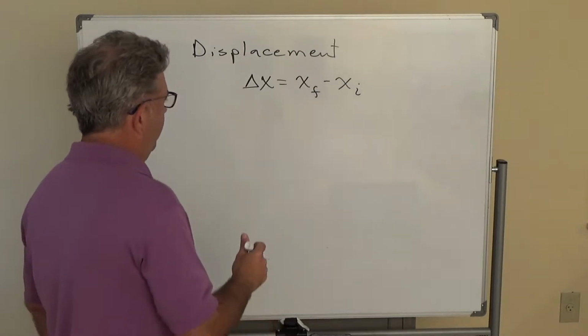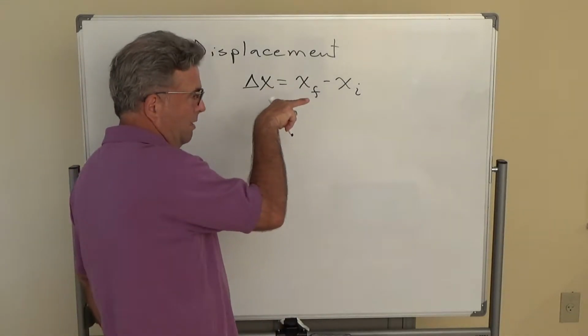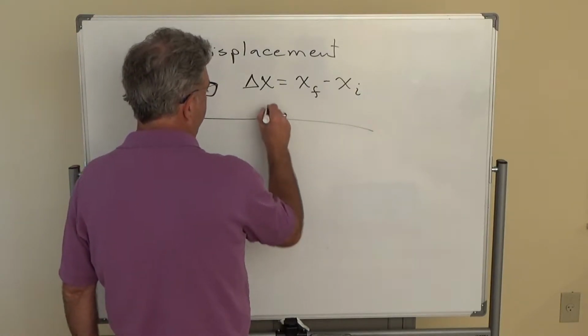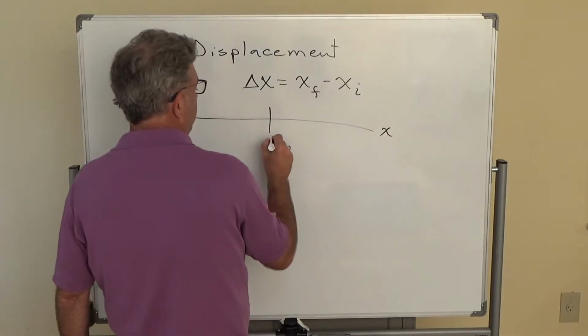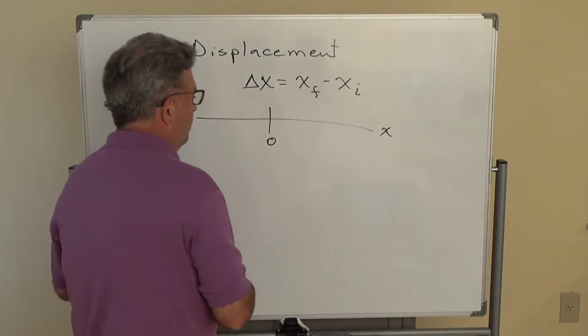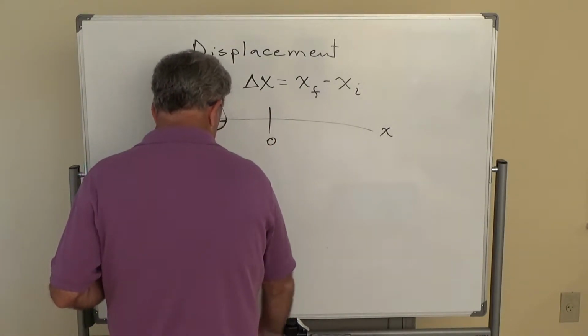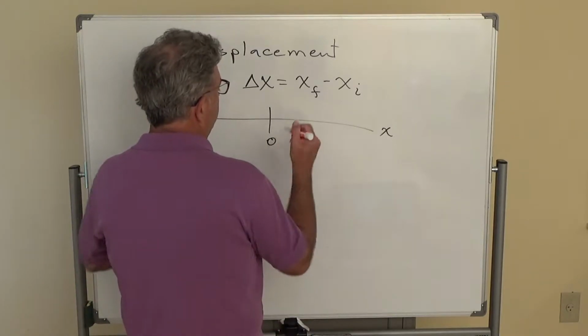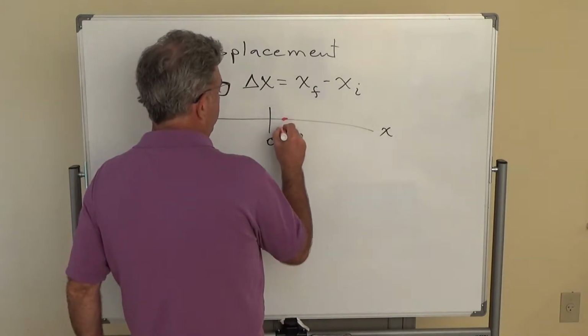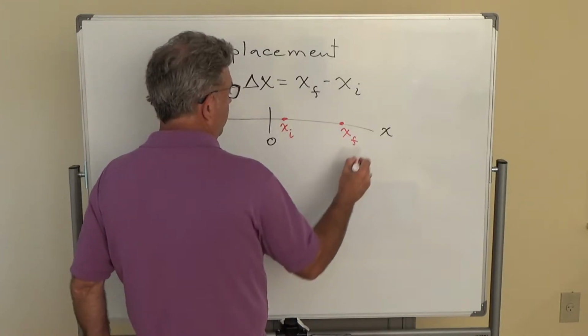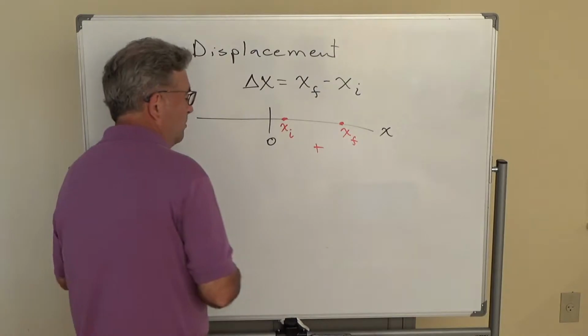And if delta x is positive, that's a displacement to the right. If this is the x-axis, here's 0. If you started here, and you end up here, that is a positive displacement.